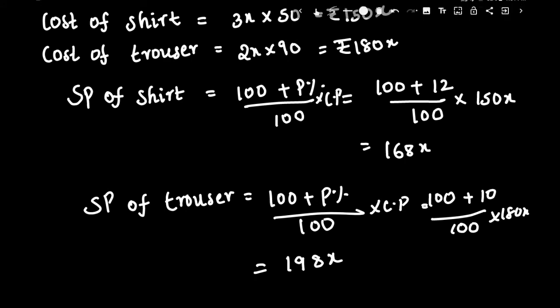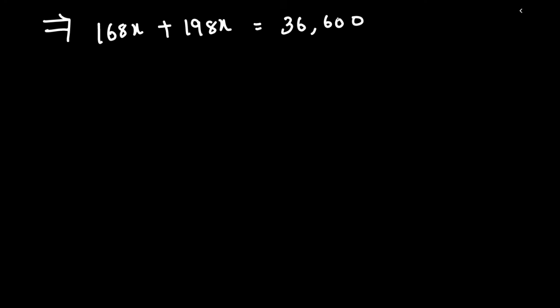Now we are going to simplify further. We add the selling price of shirt material, 168x, plus the selling price of trouser material, 198x, and equate this with the total sale, 36,600. Adding 168x plus 198x, we get 366x.